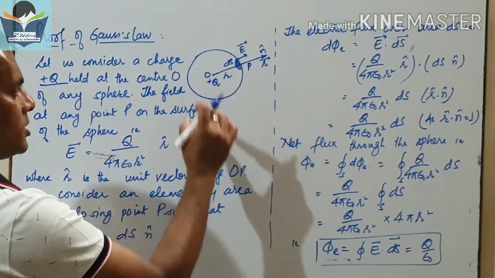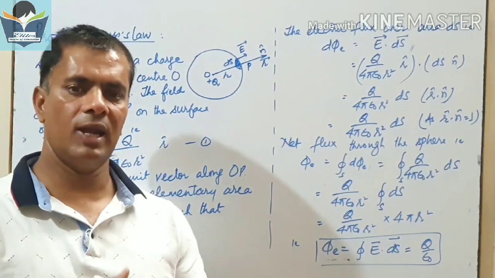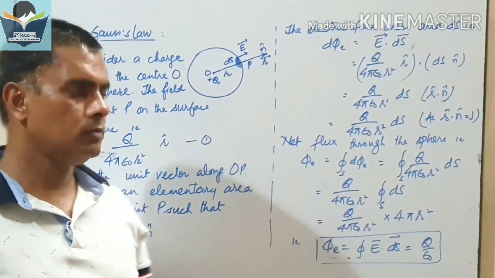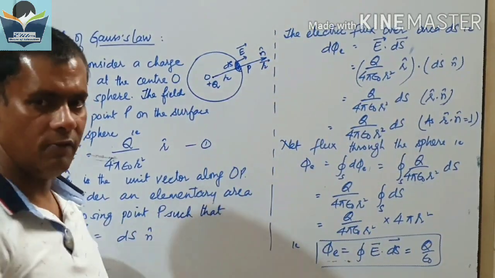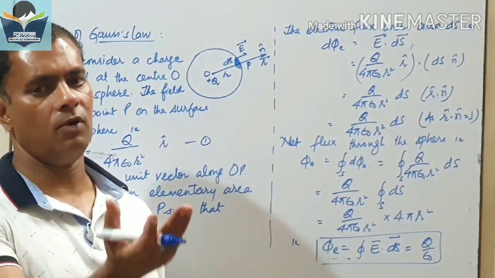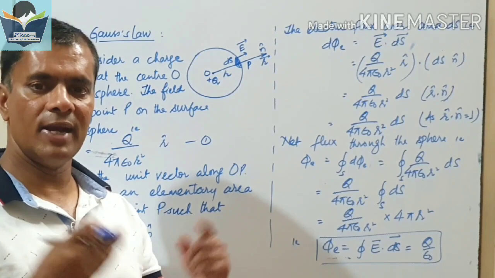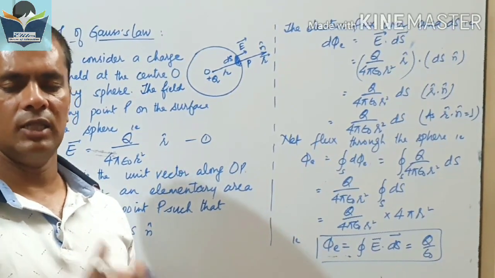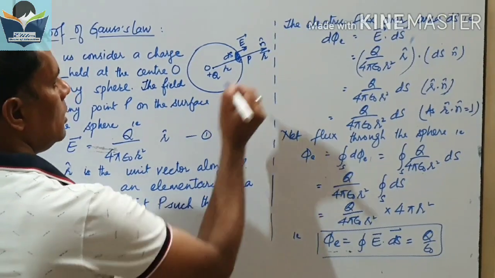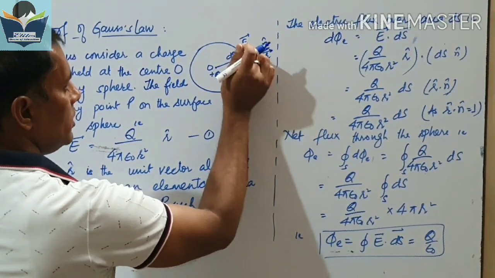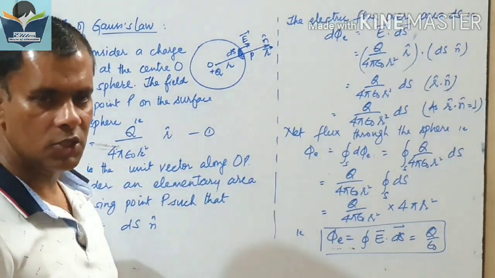Obviously when the charge is positive, the field lines start moving outwards. For an isolated charge, the field lines move outward, radially, along the radius, for a sphere. This is the direction of the electric field vector. This is the direction of vector R, meaning they are both parallel to each other.